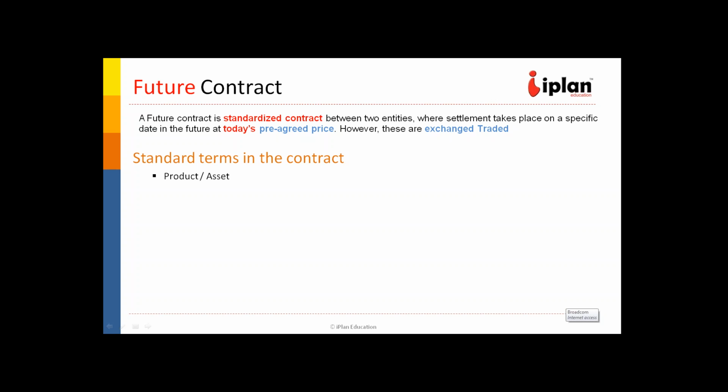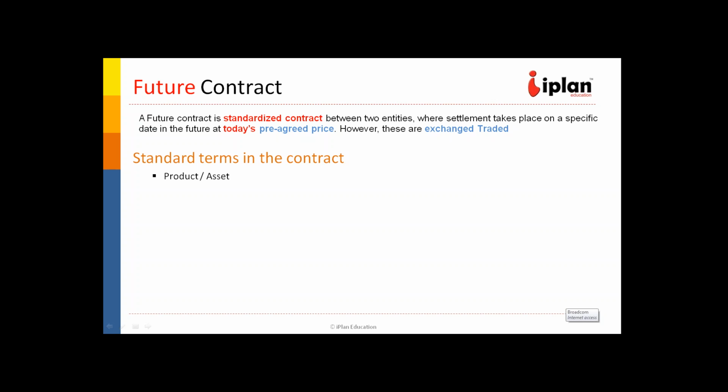So you would prefer going to one particular branch rather than any branch because the taste differs. So standardization is a process where we set the terms and conditions for each and every contract in the same way, or the terms and conditions for each contract are the same.